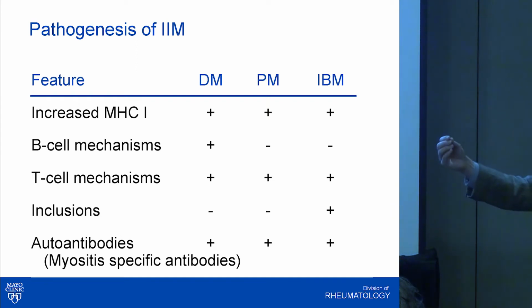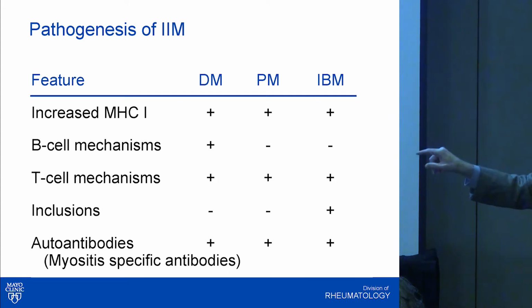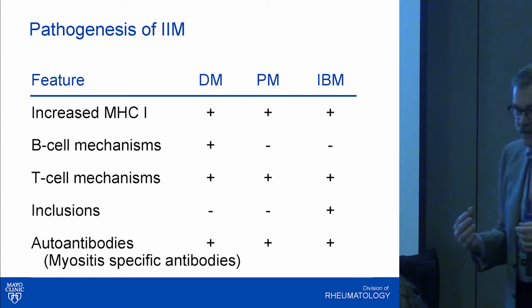We think of antibodies that are related to B cell mechanisms, and I'll talk about antibodies later. And then the other part is the cellular part of the immune system, where individual cells seek to kill off virally infected cells. So there are these two main parts, B cells and T cells, and there is clear evidence for T cell mechanisms in all, but B cell mechanisms are most strongly shown in the dermatomyositis patients.